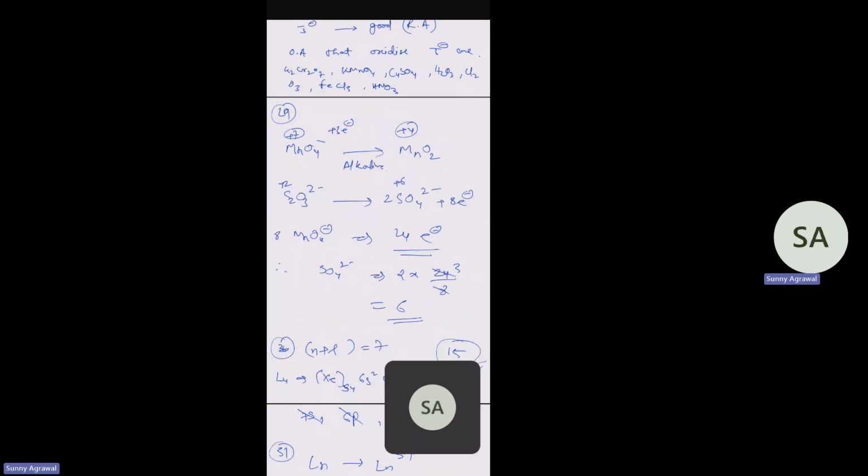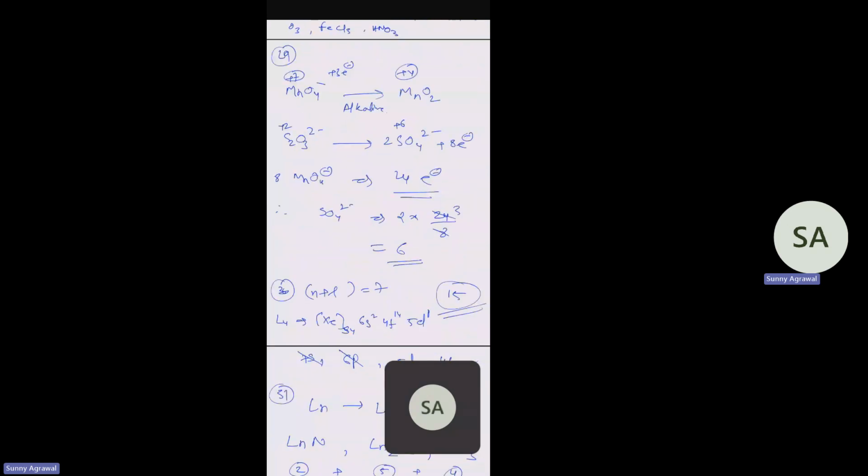Whereas thiosulfate ion is going to sulfate ion, which is from +2 to +6, and the total change of electrons will be 8 per molecule of thiosulfate ion. So we can apply the unitary method and obtain the answer: 6 moles of the sulfate containing product will be formed from 8 moles of permanganate. Okay, so the answer is 6.